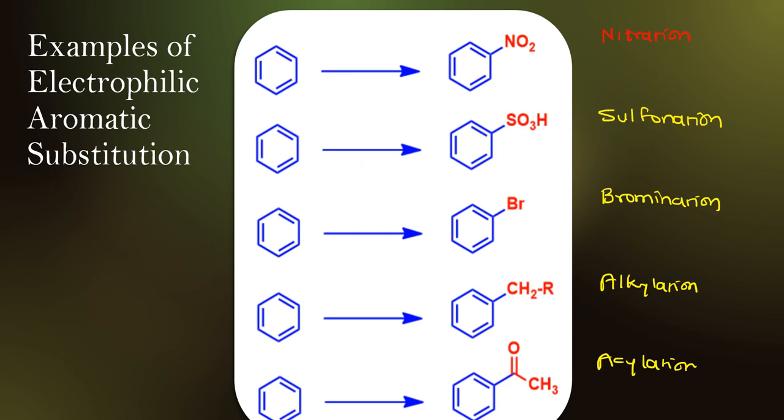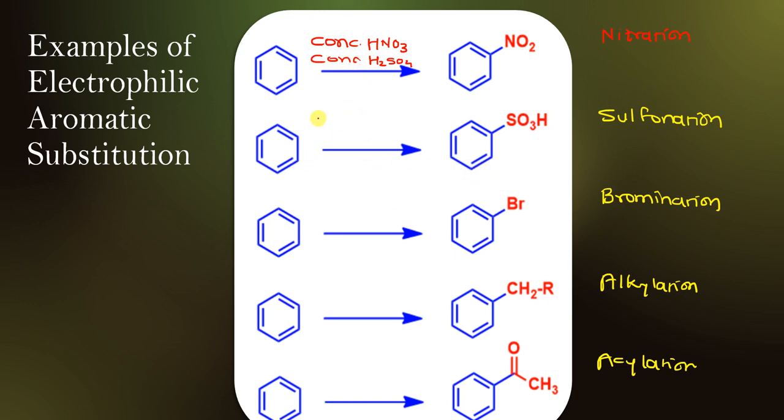These are common examples of electrophilic aromatic substitution reactions. For the first reaction, nitration, we use concentrated nitric acid, HNO3, and concentrated sulfuric acid, H2SO4, as the reagent. This is called the nitrating mixture, right?